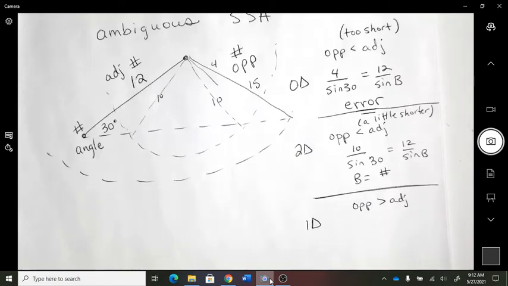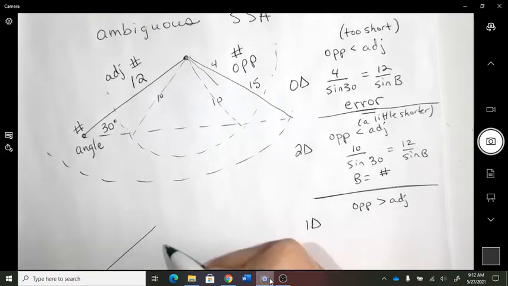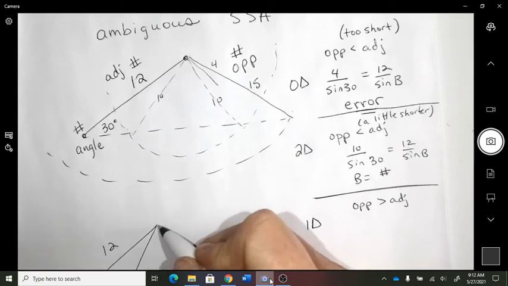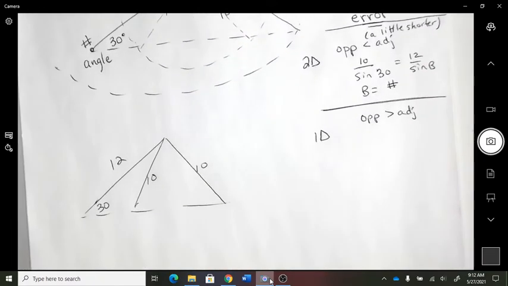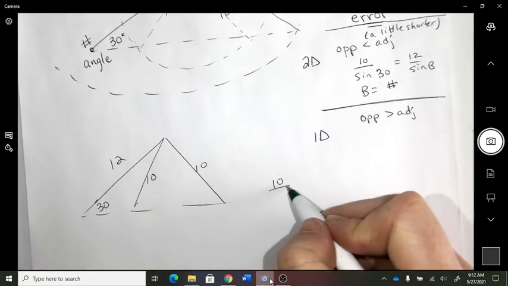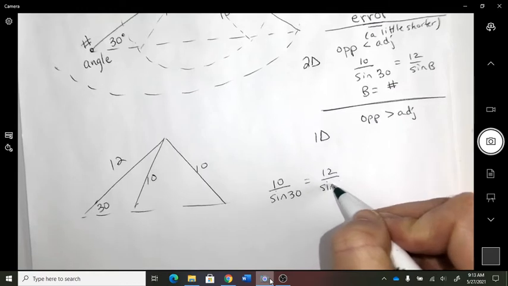Okay? There might be an example in the exam where I say solve for a 2 triangle thing. So if you were to ever solve that, you do your sine law, 10 over sine 30 equals 12 over some sine angle.